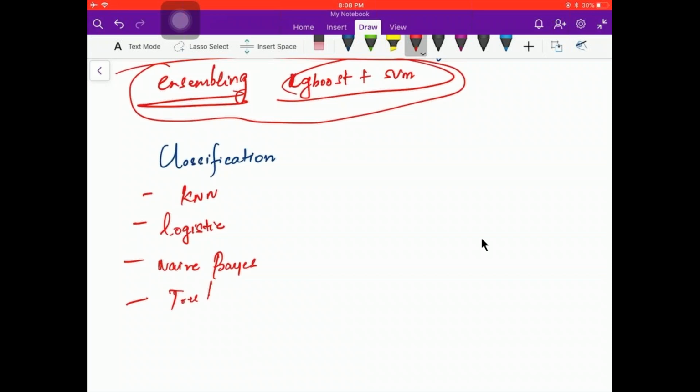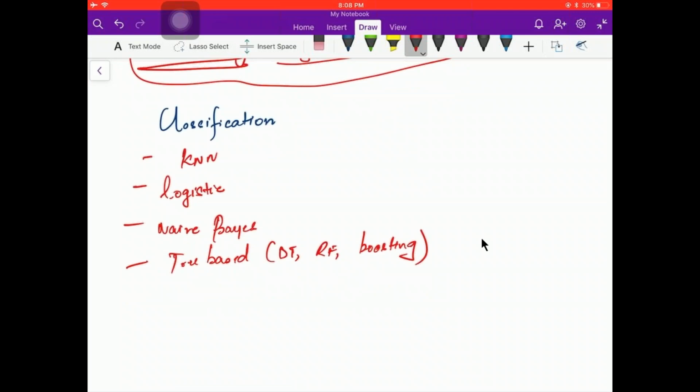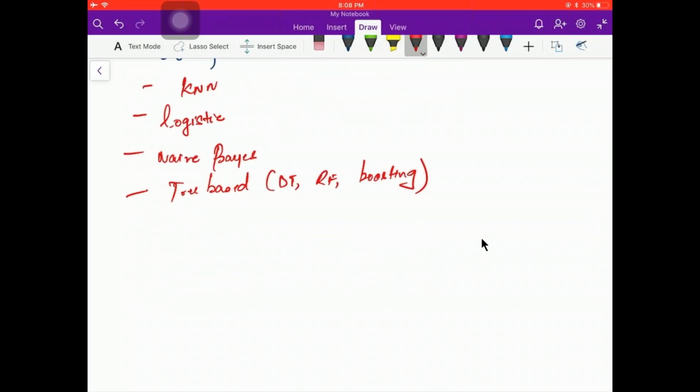Tree based: DT, random forest, boosting. I think SVM can also do it. SVM, correct, amazing. Last night we learned LDA, right? That's what we have learned in classification.